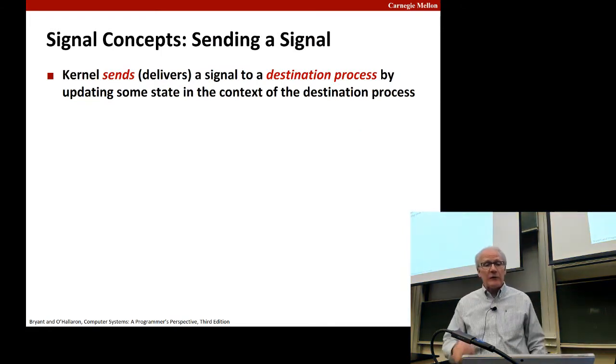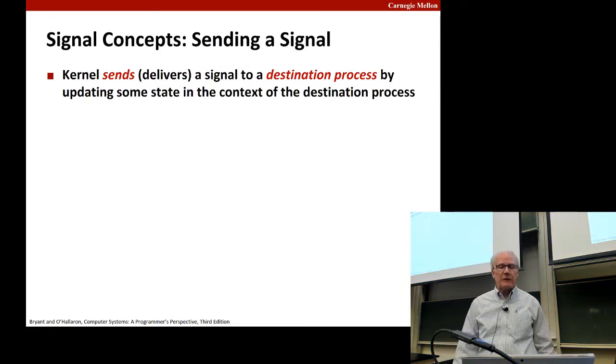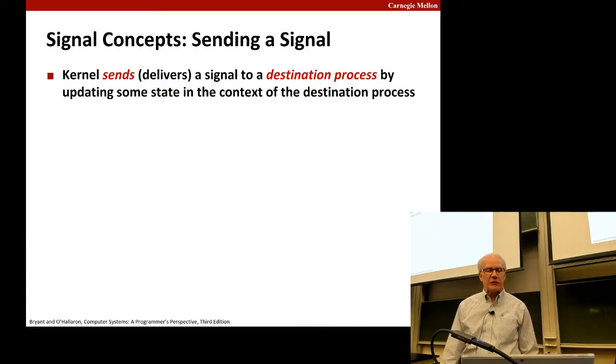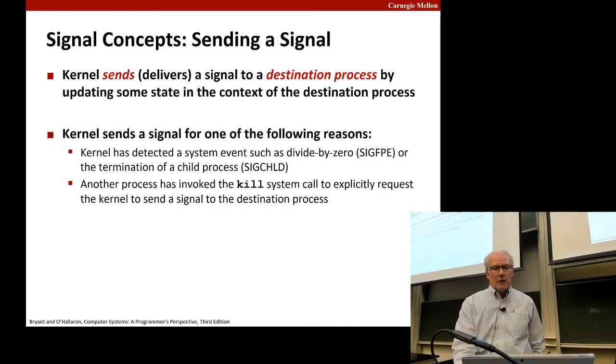So just some terminology. We say that the kernel is actually the one that does the work of signals. And it delivers the signal to a destination by basically setting a bit in some field that says you have a signal of this type. Signals can happen in various ways.